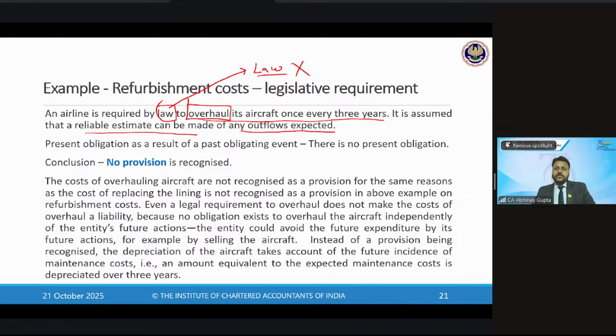No. So we will not go by the nature of the requirement, whether it is contract driven, management action driven, or legislative driven. We will simply see the nature of the transaction, right? Here the nature of the transaction is the incurring of the overall cost for the aircraft over a period of 3 years. So it means future economic benefits for more than one period. So hence the Ind AS 16 condition is met, right?